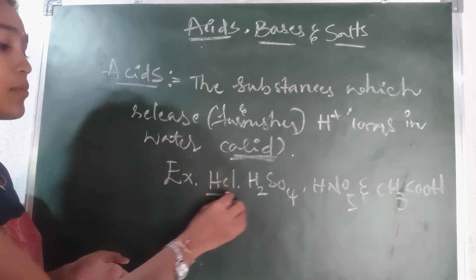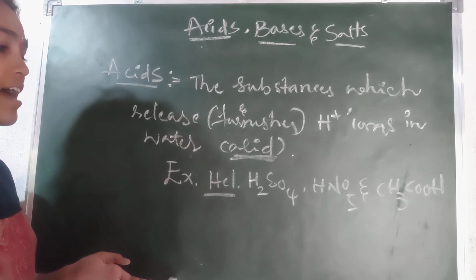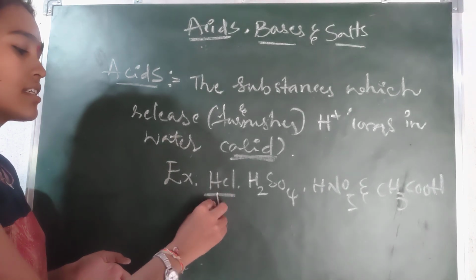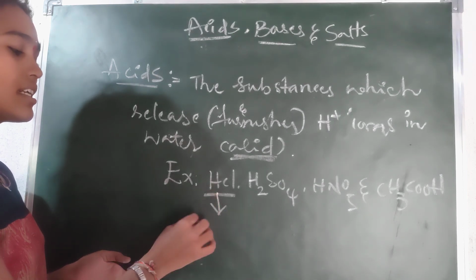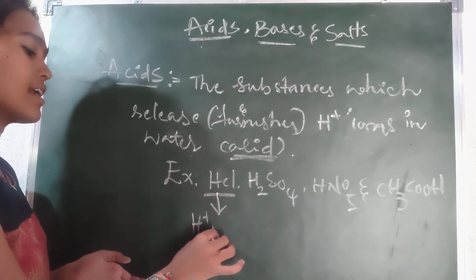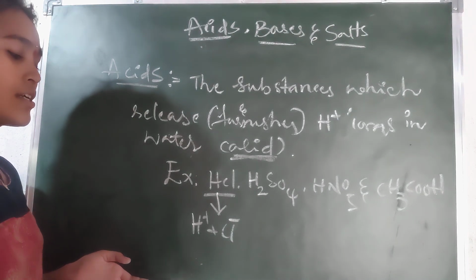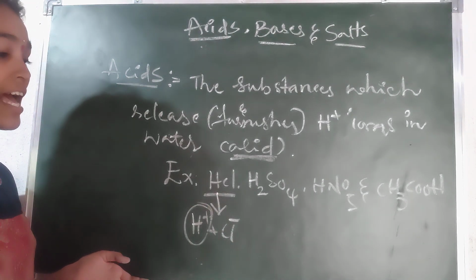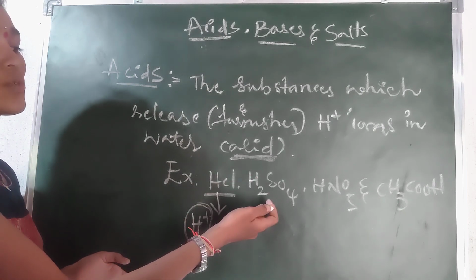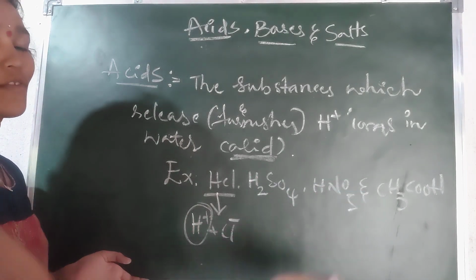See here, for example, how can we say this is an acid? HCl, when dissolved in water, releases H plus ions and also Cl minus. Since it releases H plus ions, it is an acid. This is also true for H2SO4, HNO3 and CH3COOH.